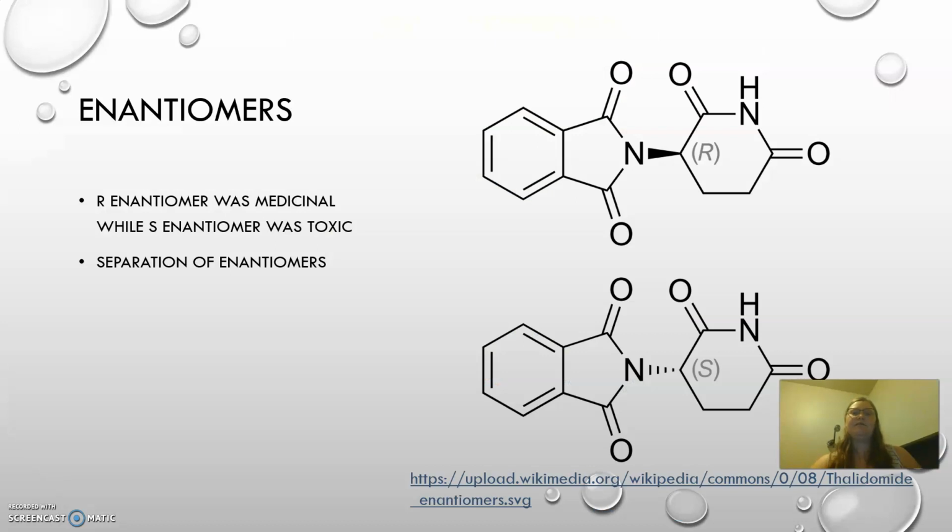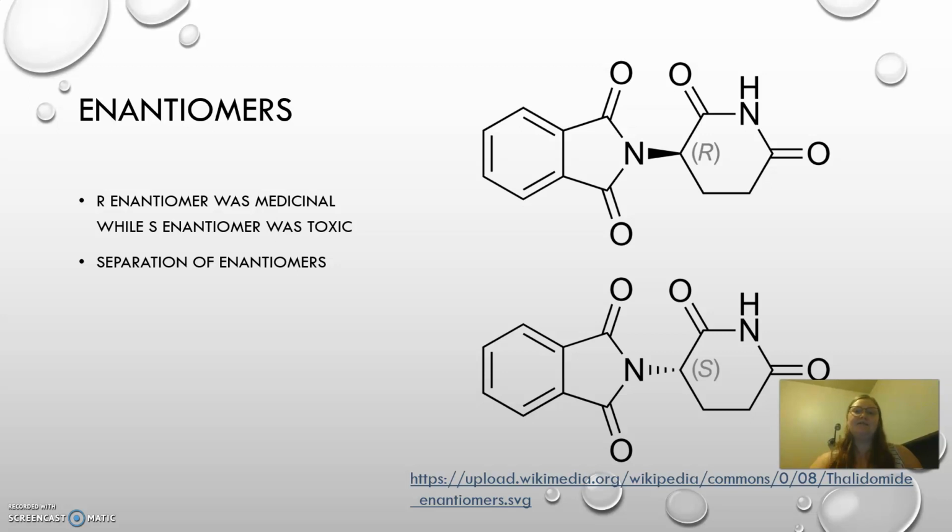So, one of the main problems was that thalidomide is a chiral compound. Now, chiral compounds are pretty common, but as a brush up, chiral compounds are non-superimposable mirror images of each other, like hands.